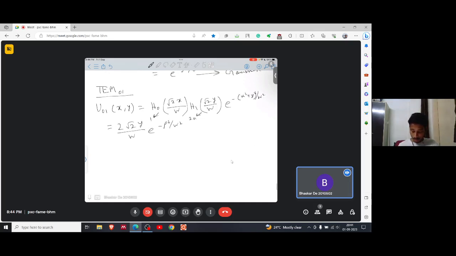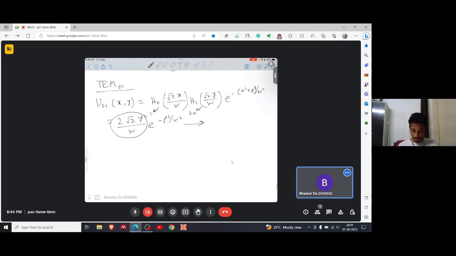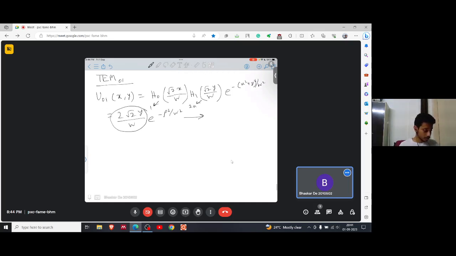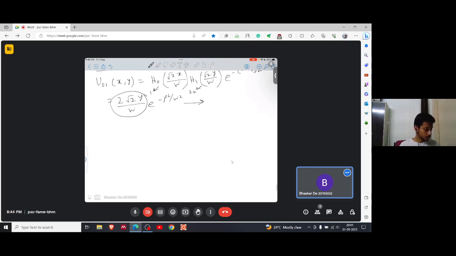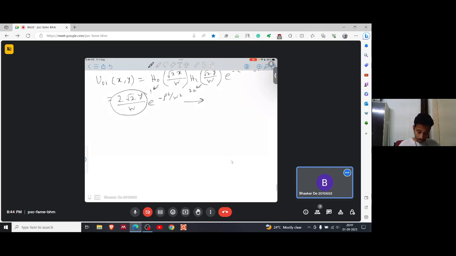As you can see, this is not an exact Gaussian, rather it has a y dependence here, so it will not be symmetric.